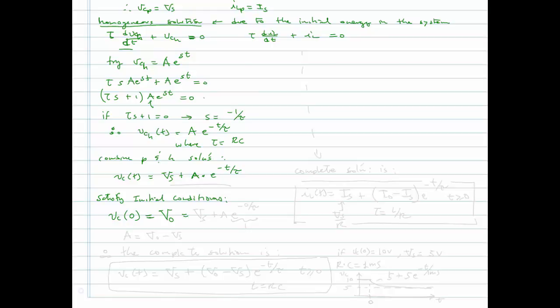So we need to make sure that this function here, when evaluated at time 0, evaluates to V naught. So let's go ahead and set it equal to it and pick our A such that that is the case.